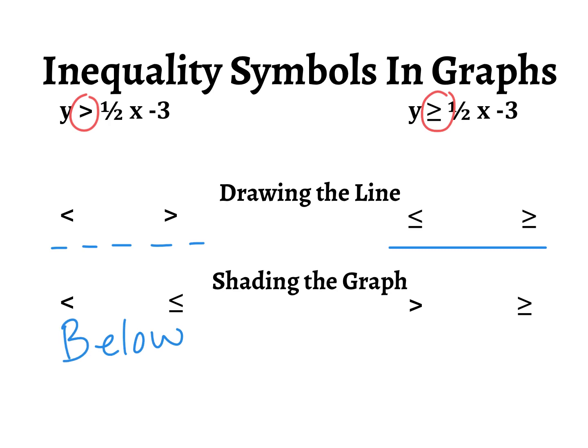And then on the other hand, if you're looking at greater than or equal to, we're thinking of more than that amount. So we're going to be shading above the line that we draw. So first you have to decide, will we be drawing a dotted line or a solid line? And then you're going to have to decide, do I shade below the line or above the line? All right, let's get to it. Let's try some examples.